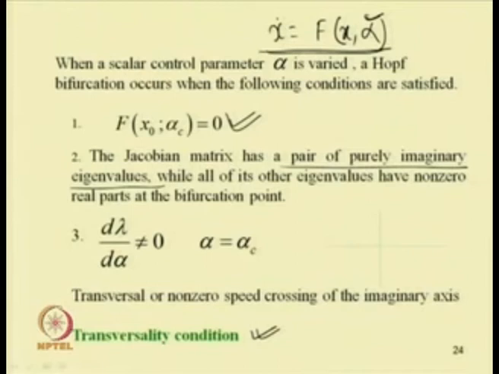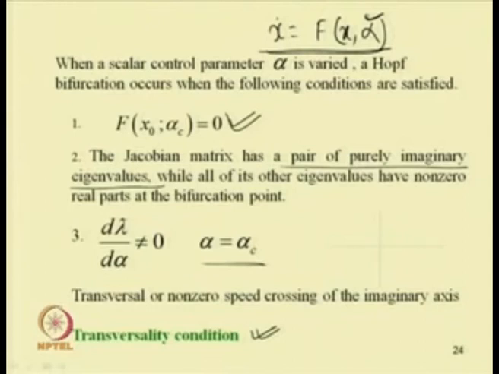That means d lambda by d alpha should not be equal to 0 at alpha equal to alpha c. So, the Jacobian matrix has a pair of purely imaginary eigenvalues, where lambda is the eigenvalue, and d lambda by d alpha is not equal to 0.